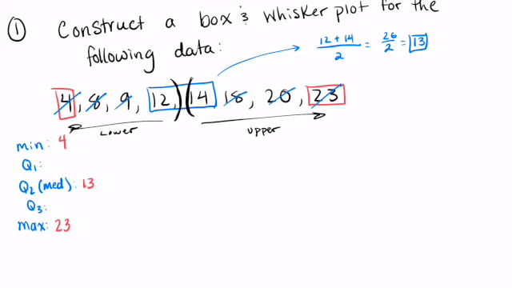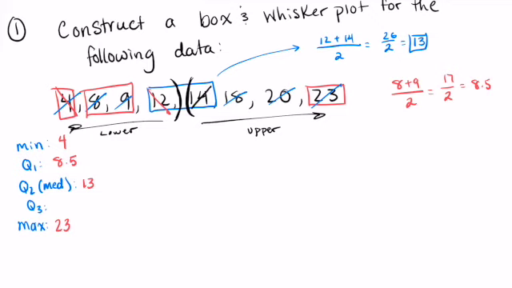And once I do that, I'm going to cross off, cross off, cross off, and, well, better yet, these two numbers are going to become my Q1. I'm going to take 8 plus 9 and divide that by 2. Well, 8 plus 9 is 17, divided by 2. That equals 8.5. It is a-okay to have decimals for my answer.